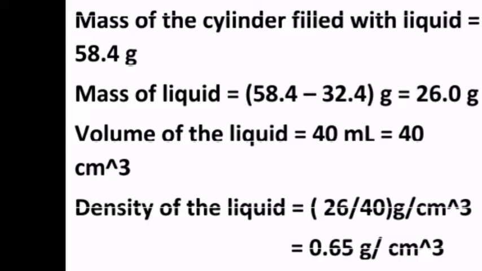Now as we know that the volume of the liquid is 40 ml or 40 cubic centimeter, we can easily find the density of the liquid. Density equals mass upon volume. So mass is 26, volume is 40. So 26 upon 40 gram per cubic centimeter will give you the answer, and you will get 0.65 gram per cubic centimeter. That will be the density of the liquid.